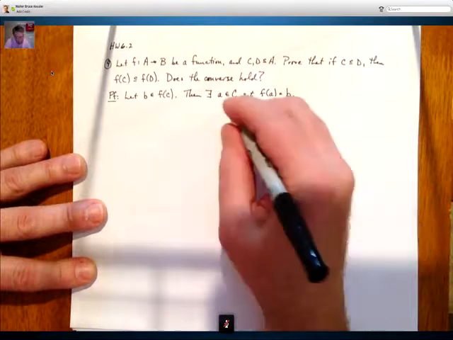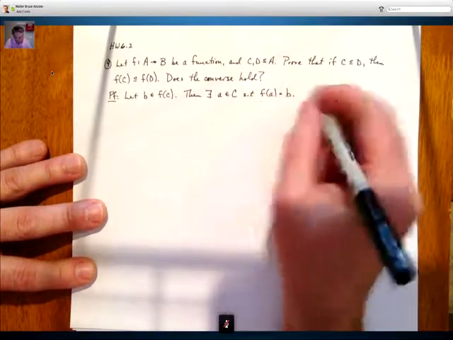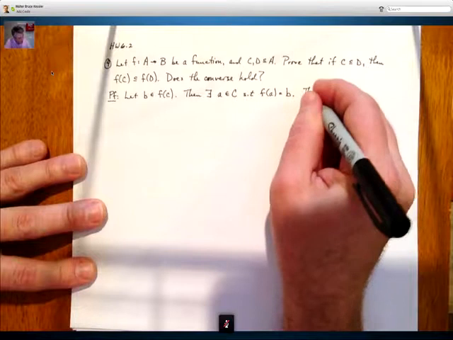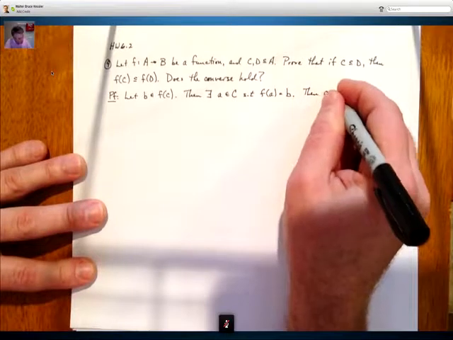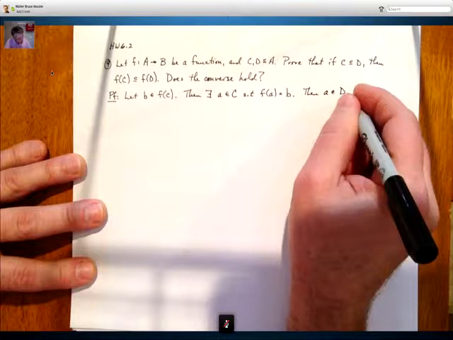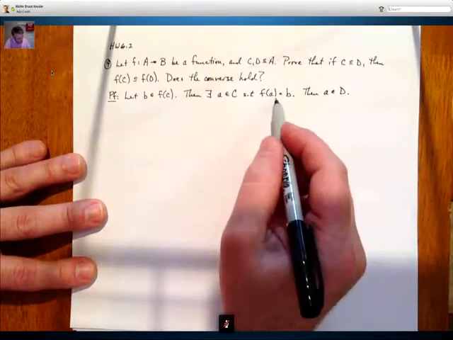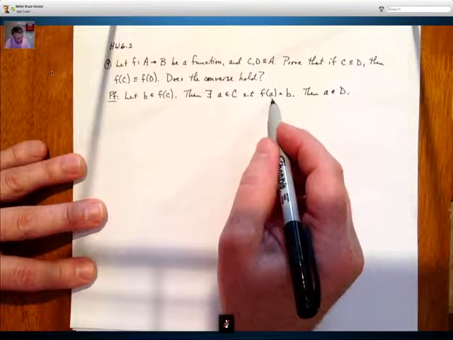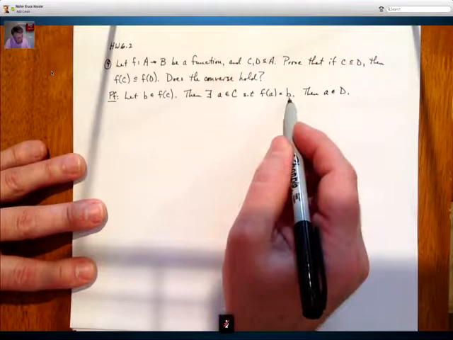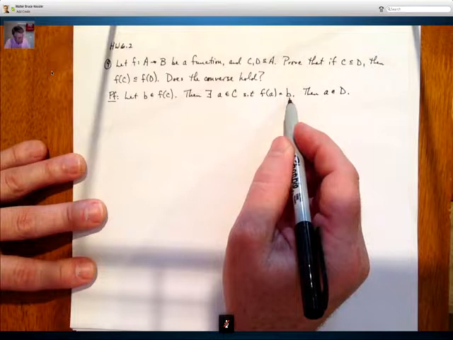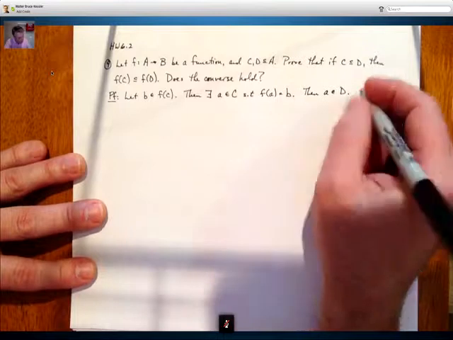Well, but what do I know about C? I know it's a subset of D. So then a is an element of D. But if a is in D, then that means that this b is in the image of D as well.